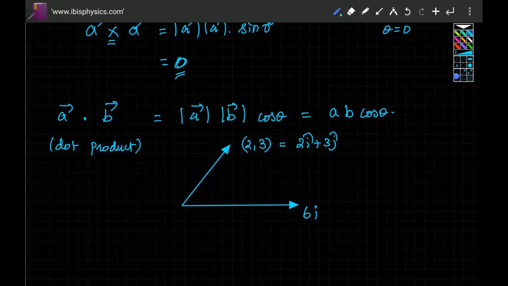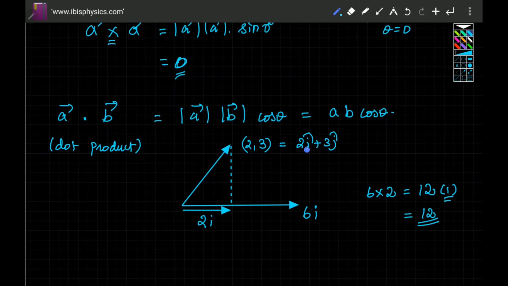If you draw a line here, the length of this line is going to be 2, along i cap. So when you multiply these two, you get 6 into 2 as 12, and i dot i becomes 1. That's what we are going to explain right now. So it is only 12. It's just a number.